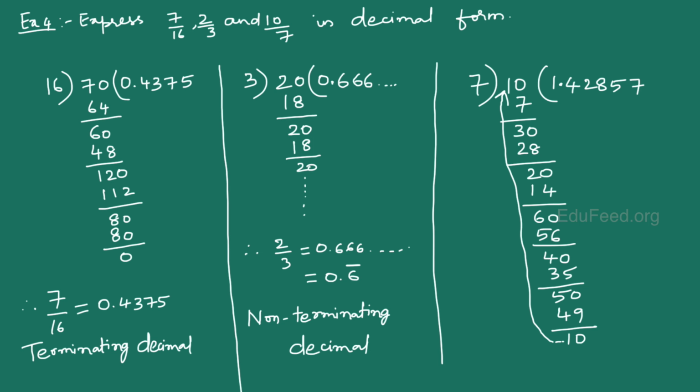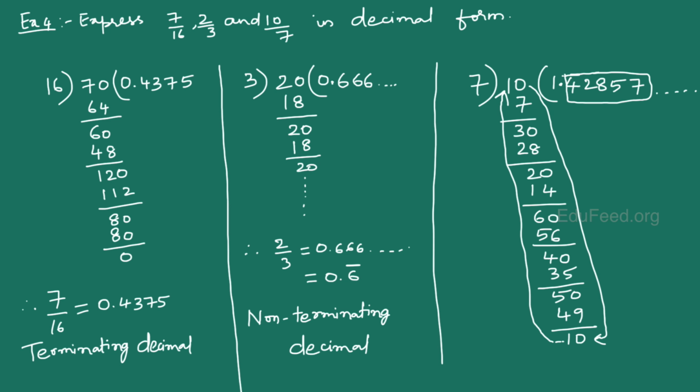Now if we keep dividing in the same manner, we'll keep repeating the same steps again and again. So therefore, in this case, 42857 would be repeating for as long as we divide.